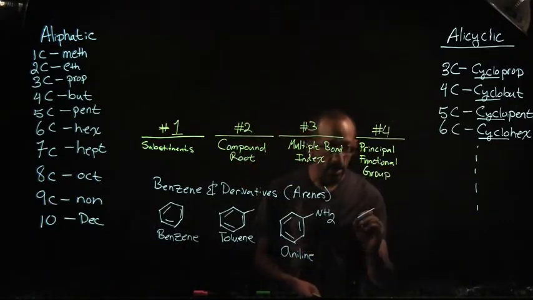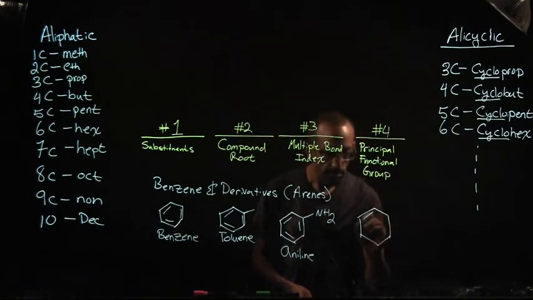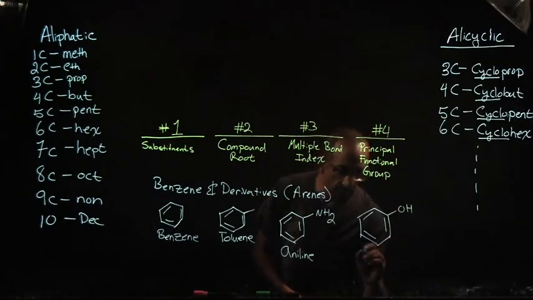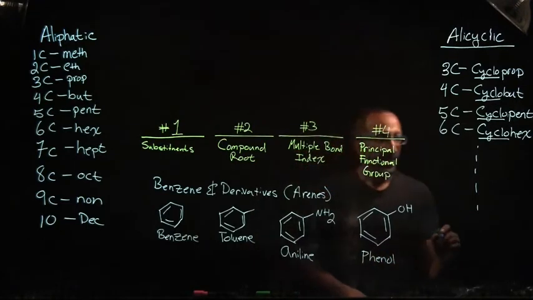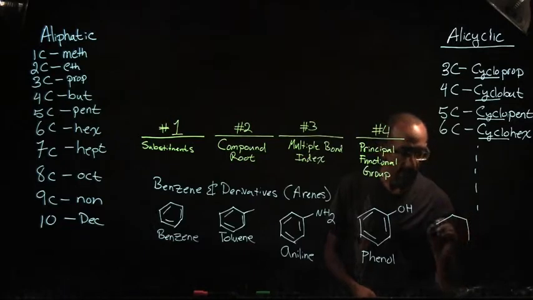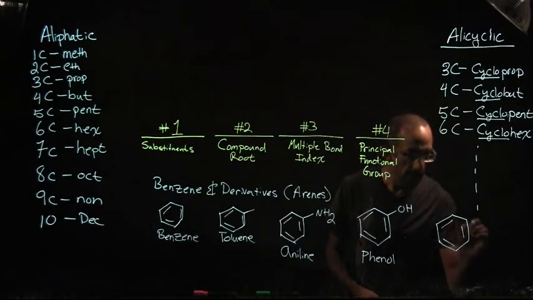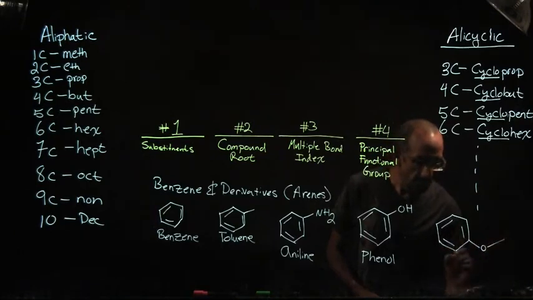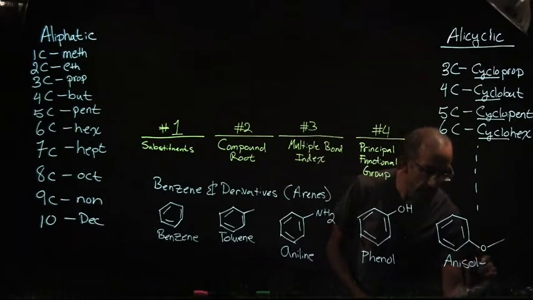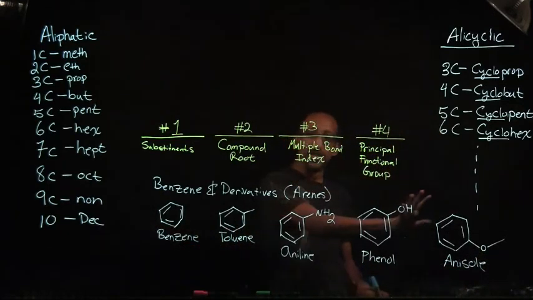If we have an OH group, this is known as phenol. And finally, if we have an oxygen with a methyl group coming off of it, this is known as anisole.